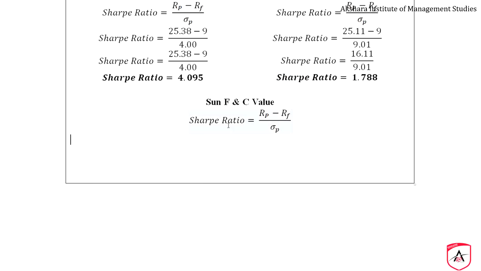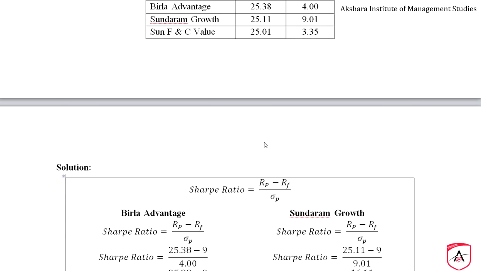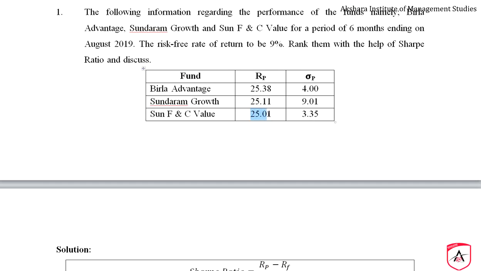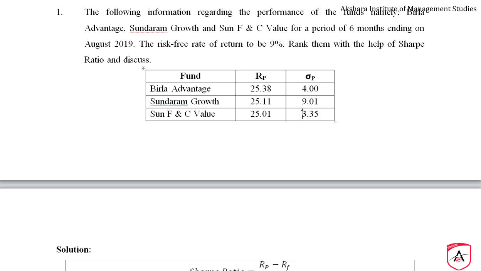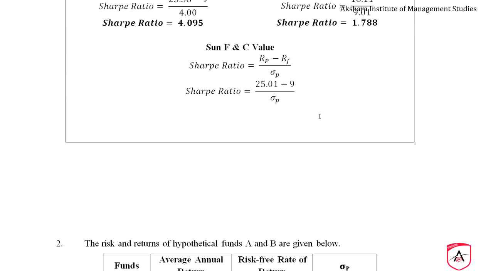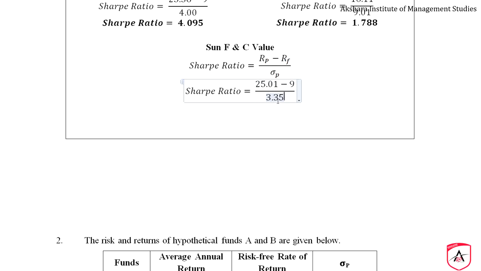Now we have to calculate for Sun FNC Value. Return on portfolio is 25.01. Risk-free rate of return is 9%, which is common for all. And standard deviation P is 3.35.